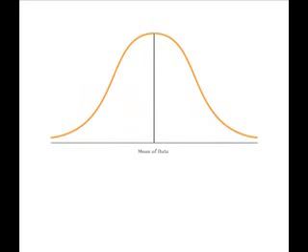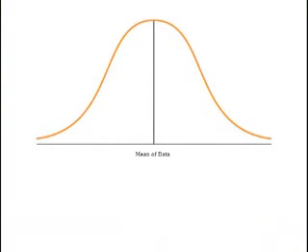Alright, so how do we apply this whole concept of standard deviation? Remember that if we can presume normal distribution, this beautiful looking bell curve right here, then we know two things. We know that the mean of the data is always going to fall in the center of the curve, and that these two halves of the curve are equal, because the characteristic of the normal distribution is that it is symmetrical about the mean.